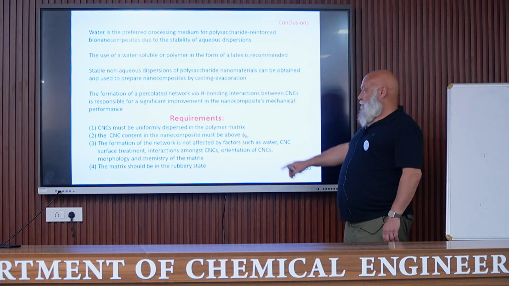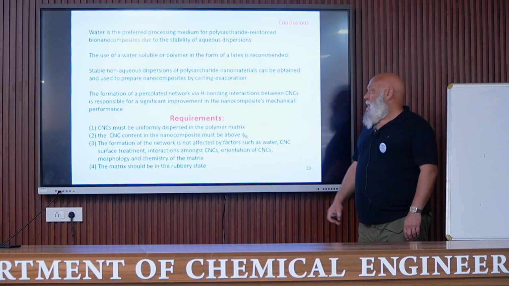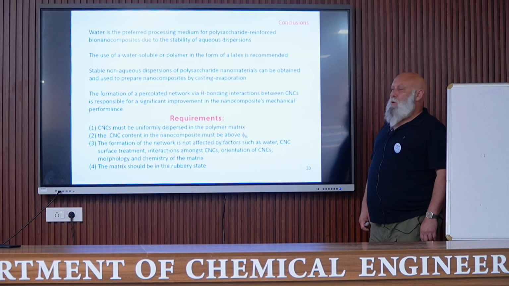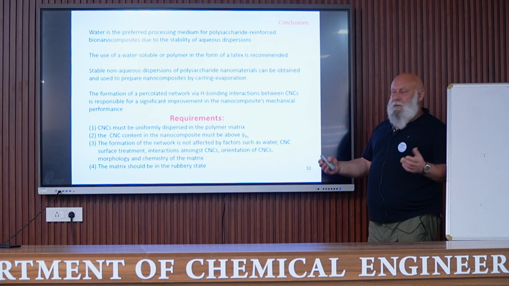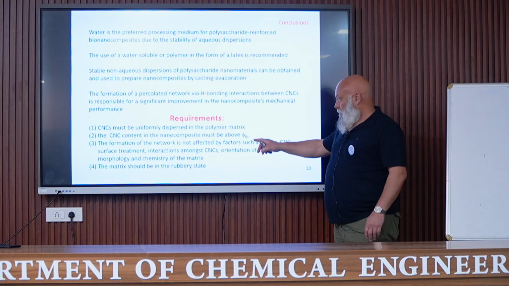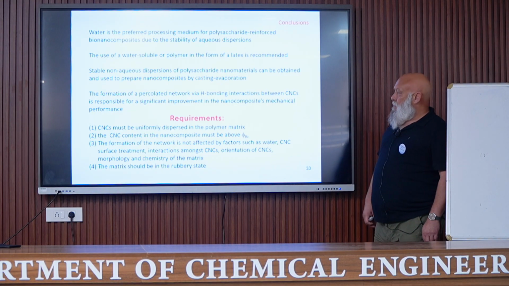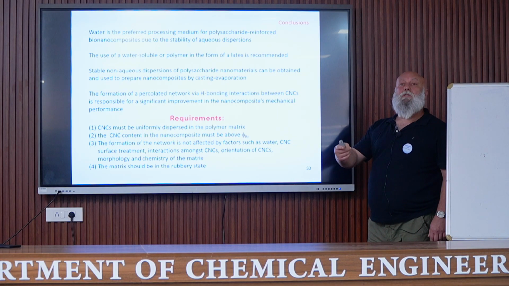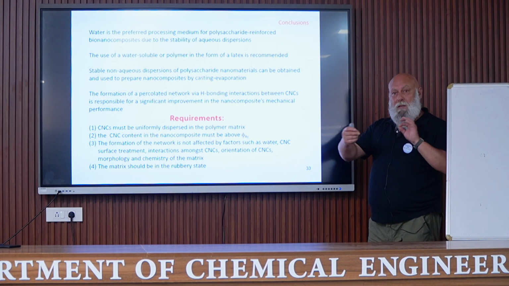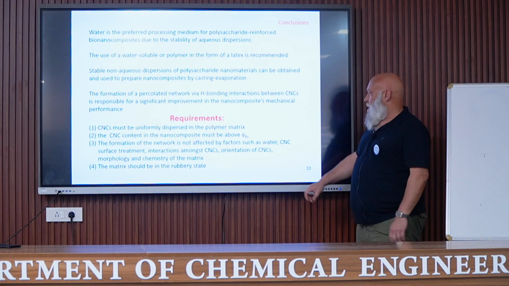Of course, the first thing is that the nanoparticles must be uniformly dispersed in the polymer matrix. If you have aggregates, you cannot expect any reinforcement. The CNC content in the nanocomposite must be above the percolation threshold. That depends on the aspect ratio of the nanoparticles.